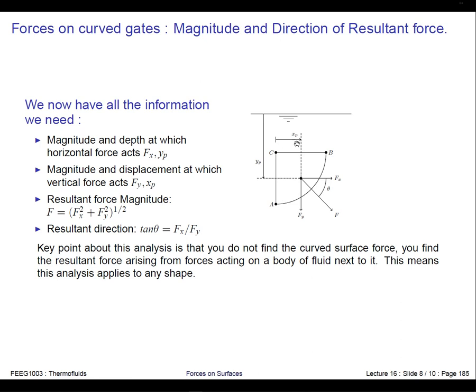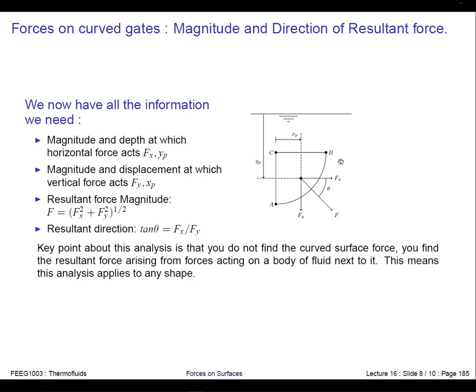So this is the deflection from C, and this is the deflection from our coordinate origin y. So we've got xp and yp, and we know what F of x is and F of y. So we know where this force is going to act. We know at which particular point this force vector crosses this curved surface.